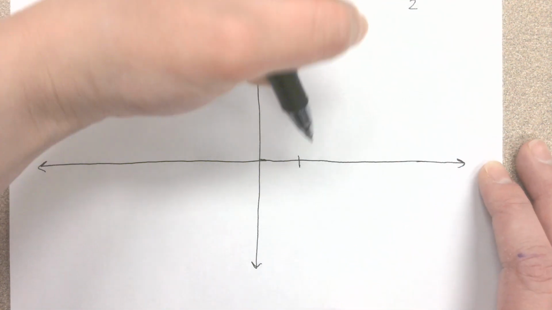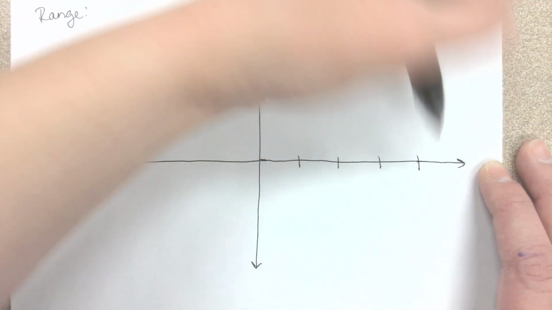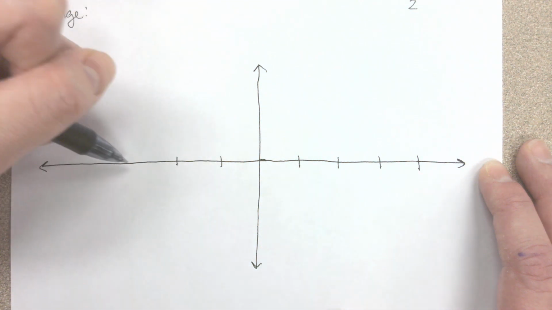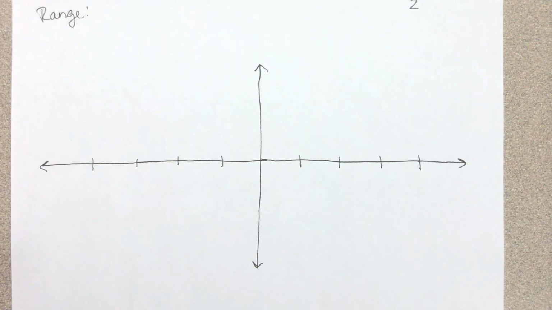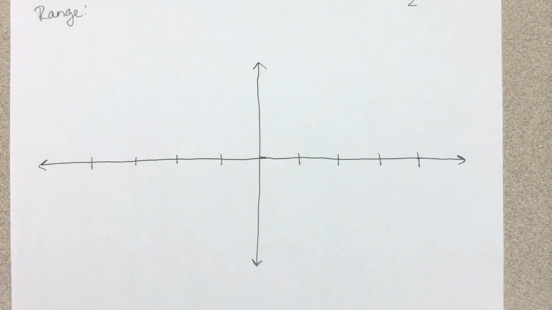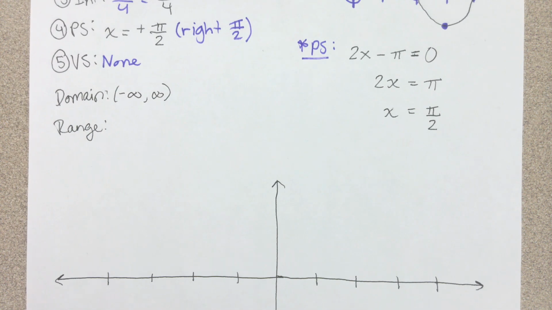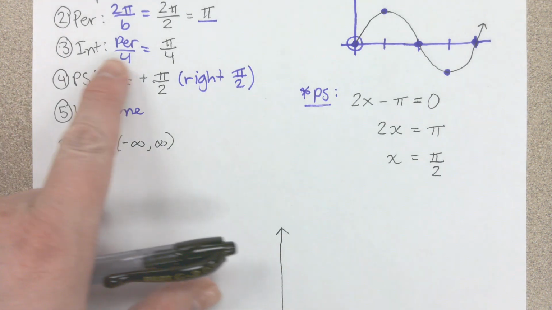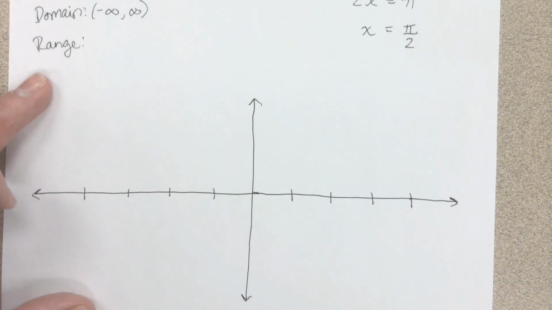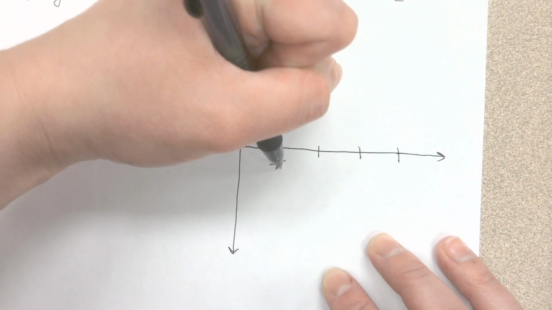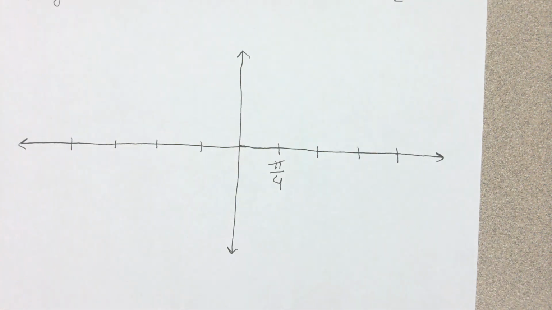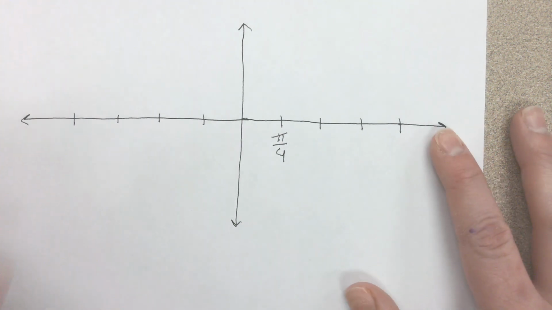Per usual, 4 intervals to the left and the right. So first let's set up our x-axis. We need the interval to know how far apart these are. These are each pi over 4 apart. So our first one's pi over 4. I'm going to work with the unreduced fractions first.